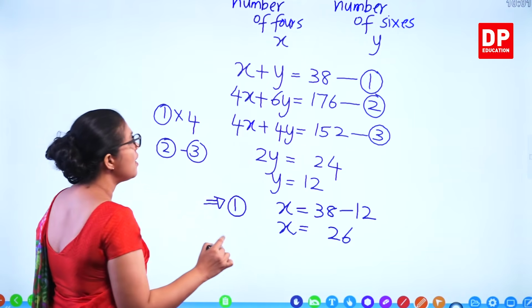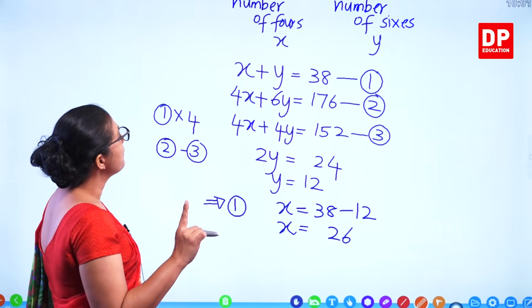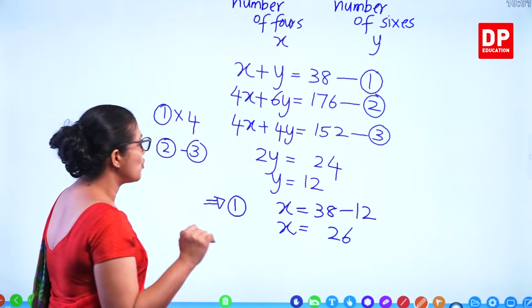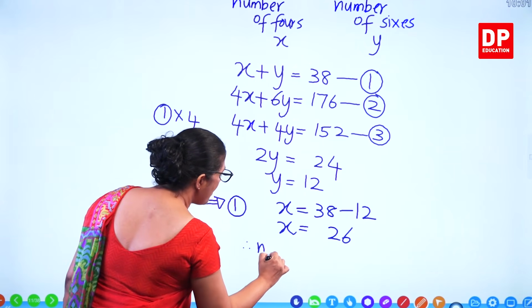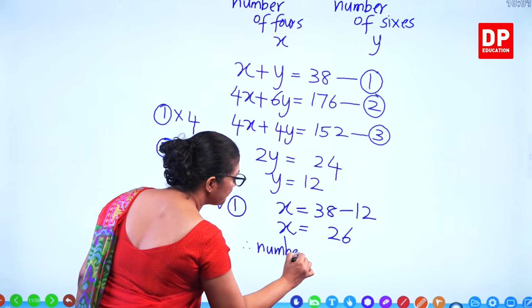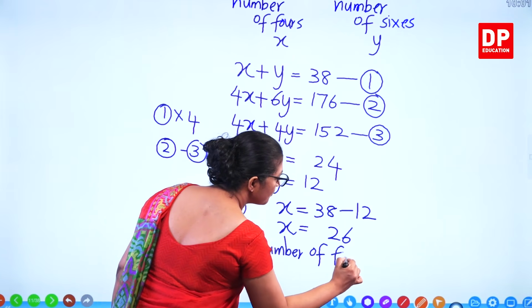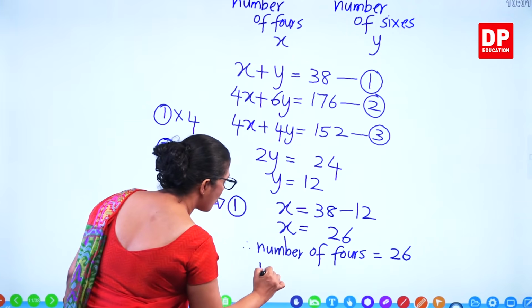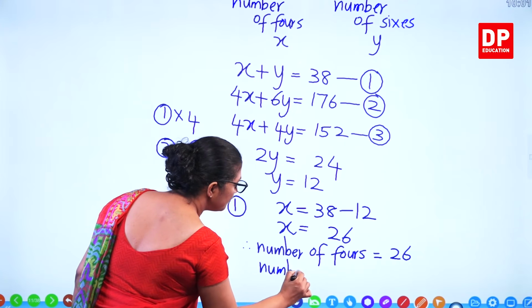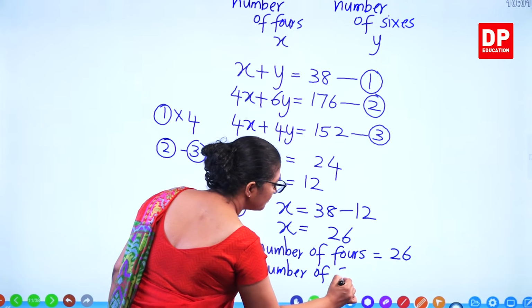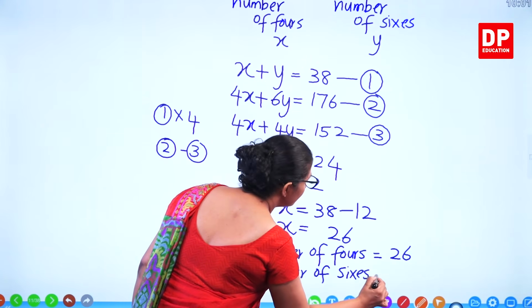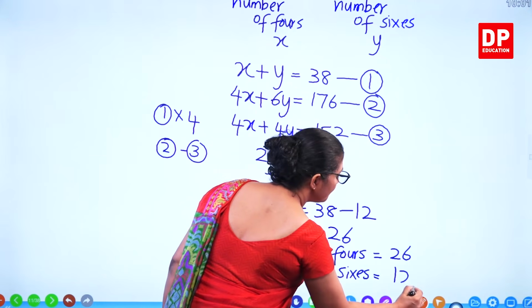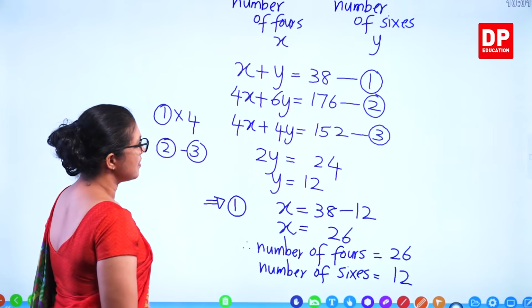So how many 4s are there? 26 4s. So you can write: number of 4s, 26; number of 6s, 12. So that's the answer.